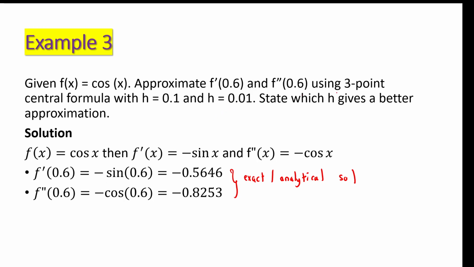Later on, we use the 3-point central formula for first and second derivative, and then we compare with this exact solution in terms of absolute error. The smaller error will give the better approximation.